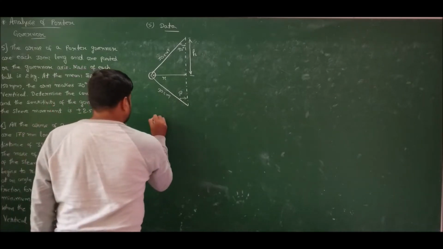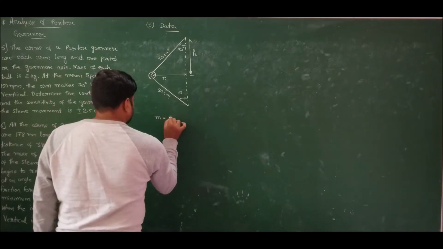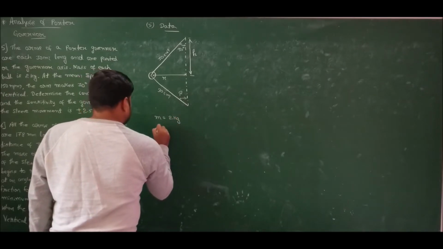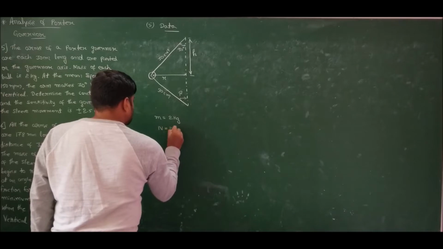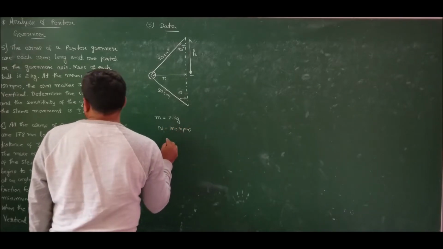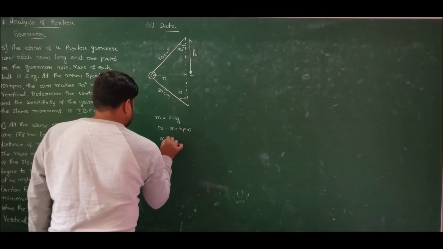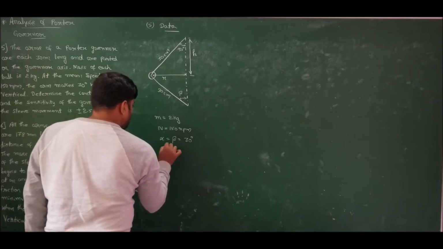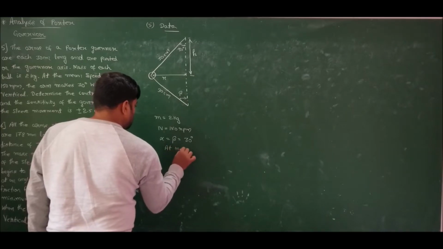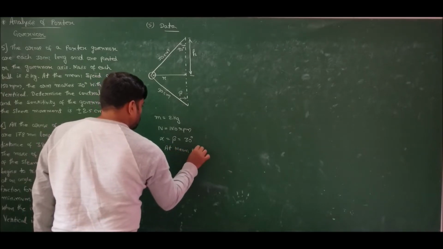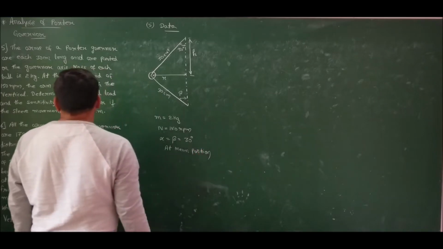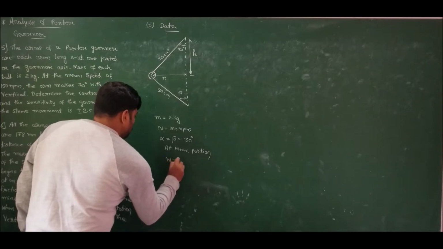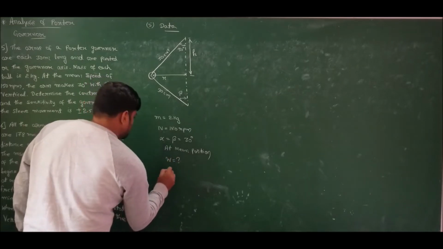Mass of each ball is specified, that is small m, which is equal to 2 kg, and the mean speed n is specified, which is 150 rpm, and the arm makes alpha, which is equal to beta, which is equal to 30 degree only at mean position. Now determine the load W and sensitivity.